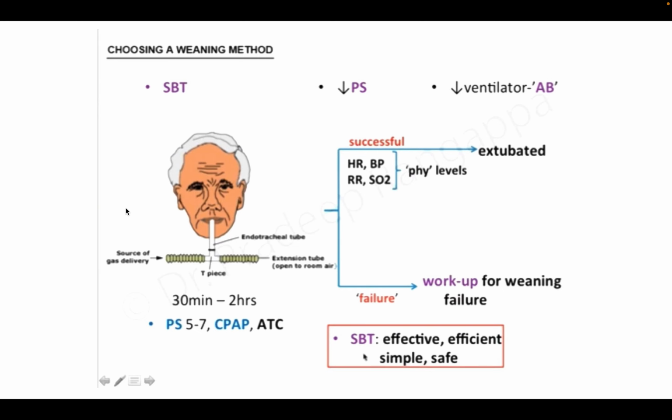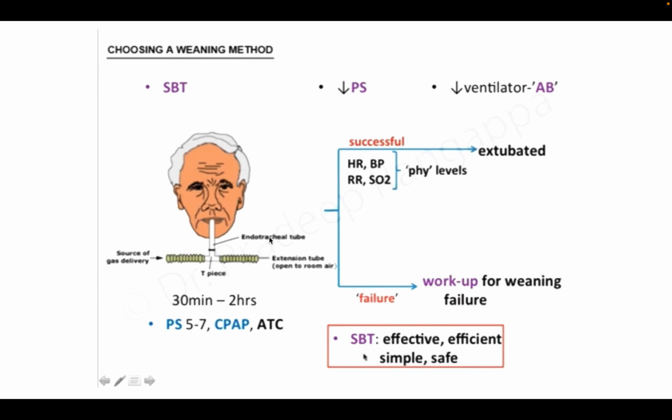So if you see, this particular patient has an endotracheal tube with a T-piece, and if the T-piece trial is successful, by this we mean that the patient's heart rate, blood pressure, respiratory rate and saturations are okay or within physiological limits, we may extubate the patient.